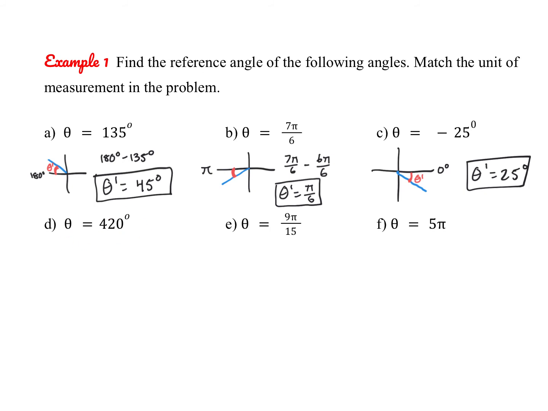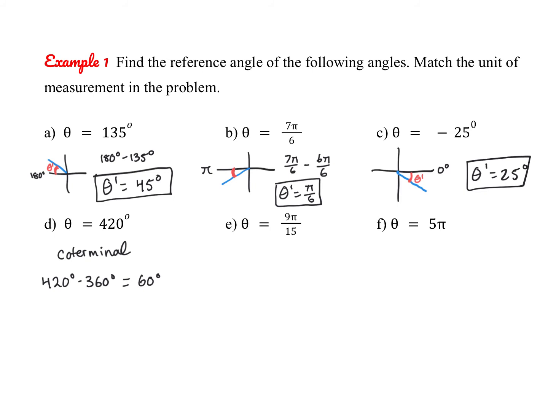Okay, now if you look at this next one, notice that our angle is actually larger than a full rotation. So in this case, I think it'd be really useful to find a coterminal angle, so a little review from a previous lesson. And we can do that just by subtracting a full rotation, which would be 360 degrees. So we can see that our reference angle here is 60 degrees.